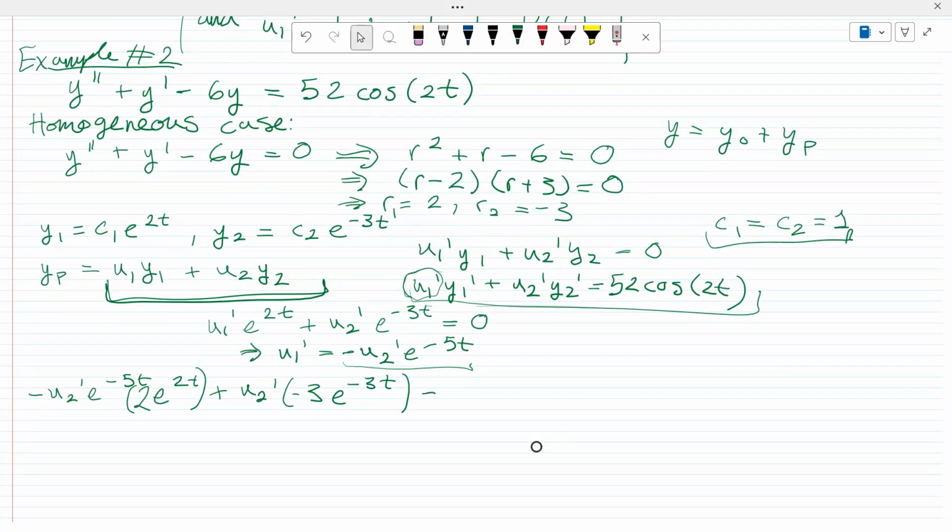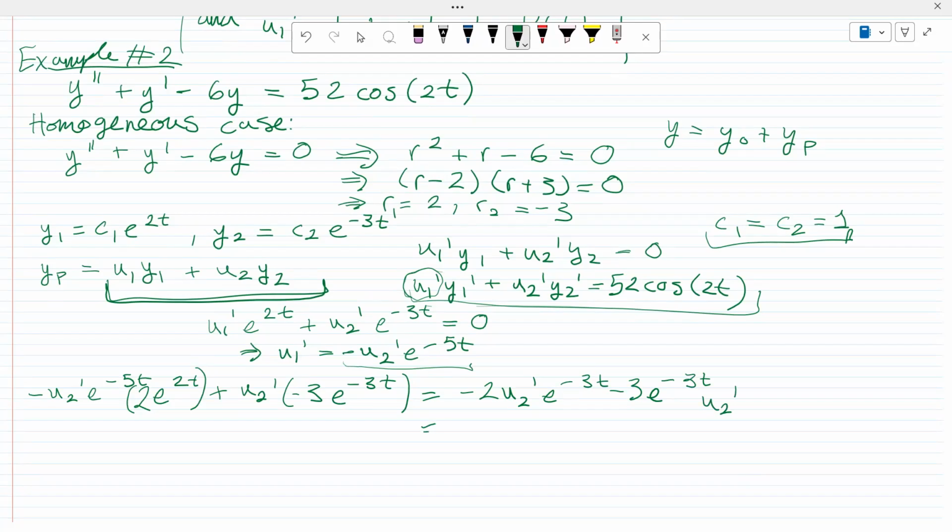So now we can simplify this a little bit further to get negative 2u2 prime e to the negative 3t minus 3 e to the negative 3t u2 prime.